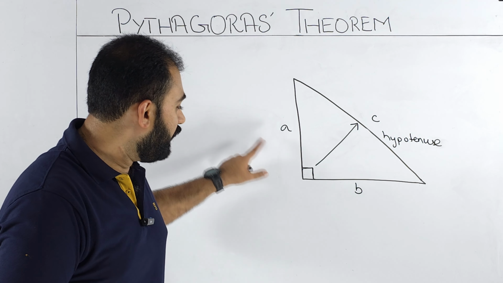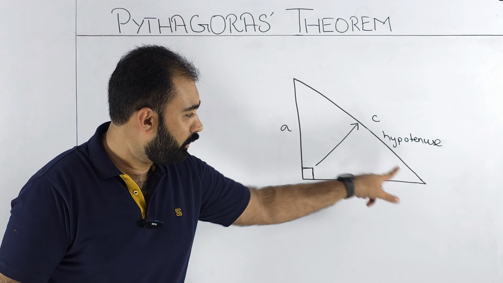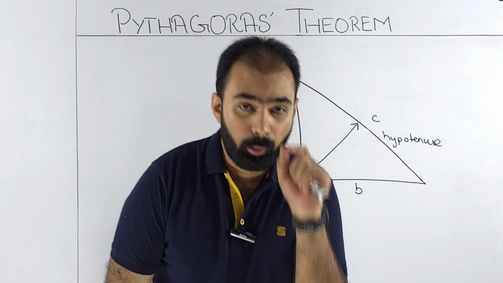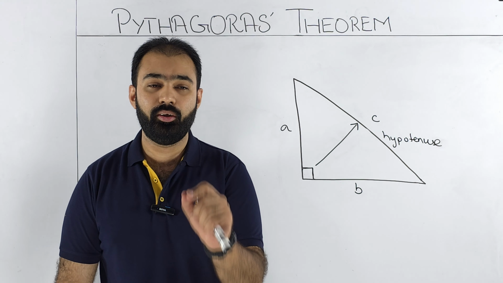So, of these three lengths, the hypotenuse is the longest.